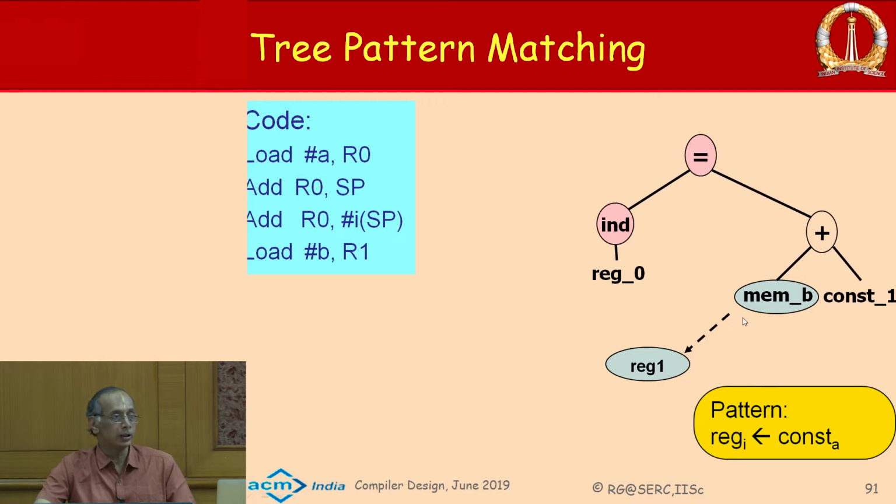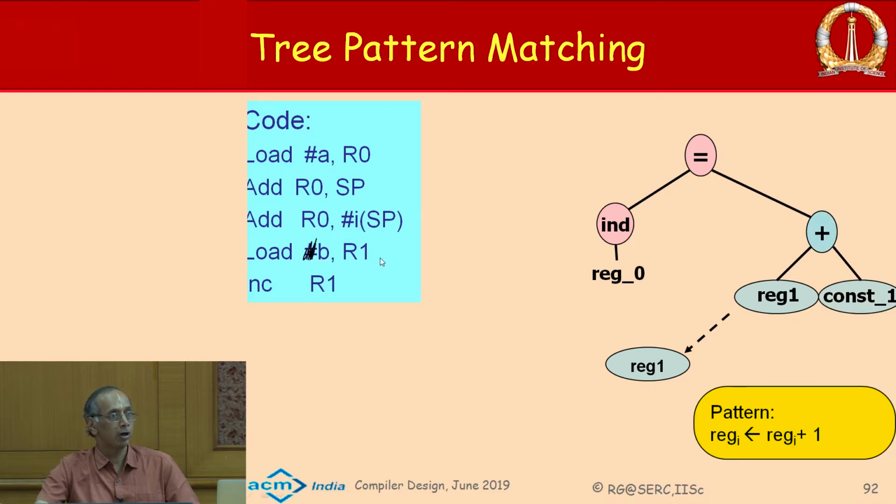We have mem of B, and in order to find mem of B, I have to load the value of B into a register. I do that using this instruction, load B comma R1, and then of course I have register plus 1, so I can generate the increment instruction.